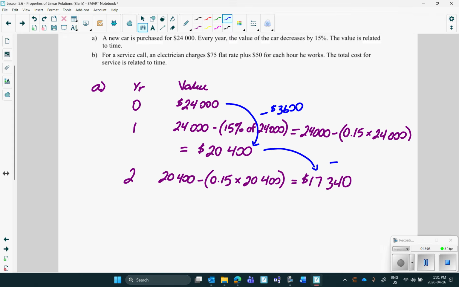It actually went down $3,060. Linear or not? No. As soon as the differences are different, it's not linear. So we can stop. We don't have to go any further.